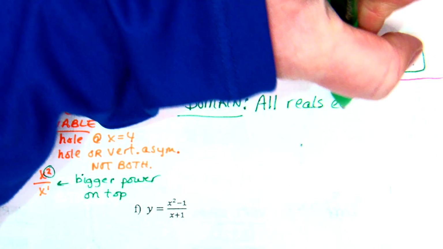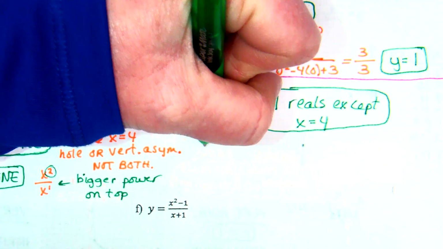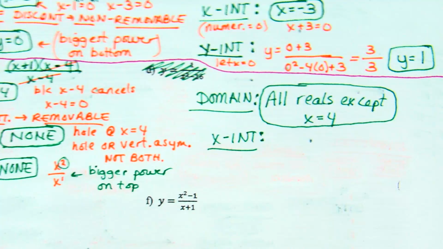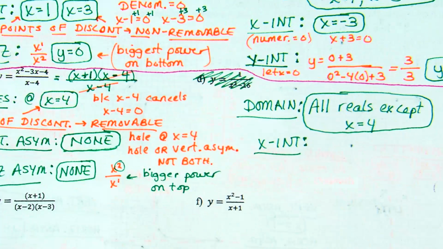X-intercept. Set the top equal to 0. Now, the factored top. What is in our numerator? It was x plus 1 and x minus 4, yes? What is happening at x minus 4? There's a hole, so there's a break in the graph.